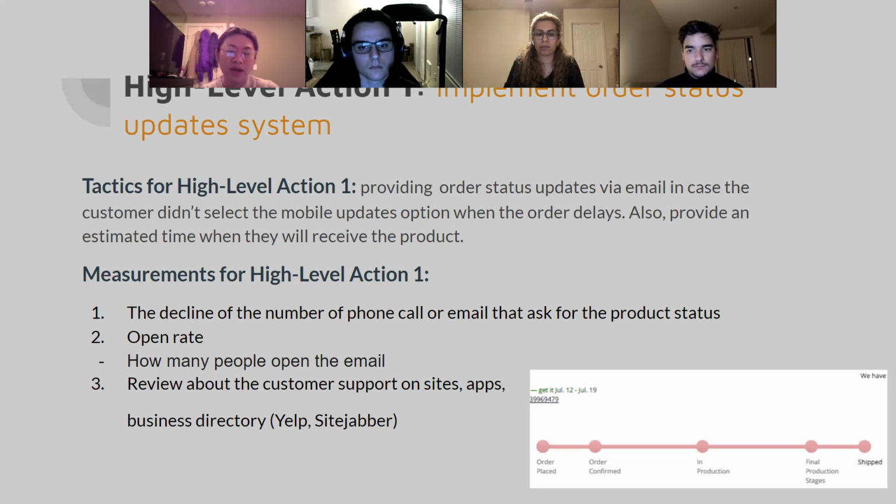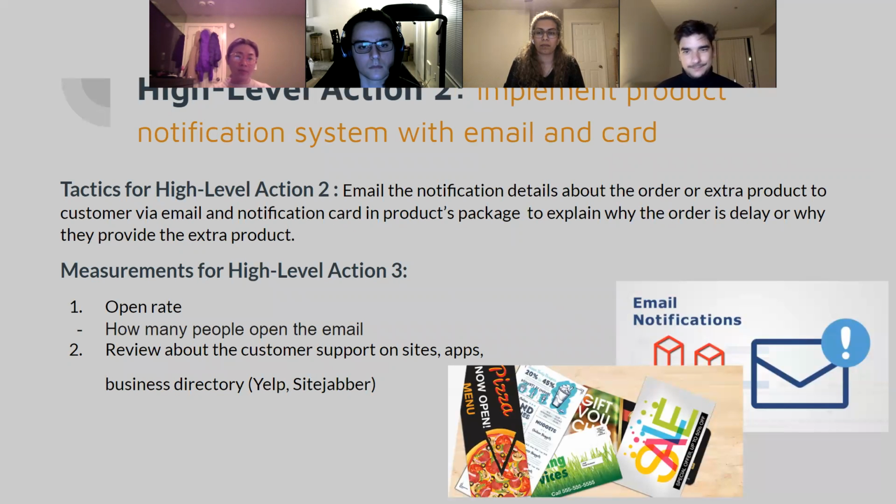And the third thing that we want to look for is the review about the customer support on the site, apps, and the business directory such as Yelp and Site Jabber. And Dima will tell you guys about the next high-level action.